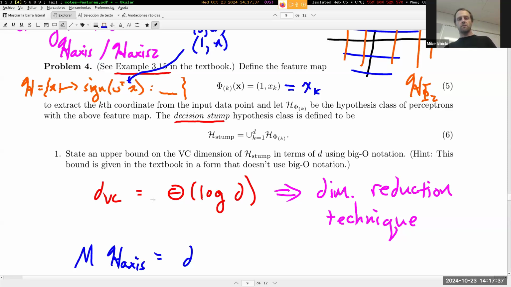The textbook, I don't remember the constants. They might just provide the upper bound of some constant like 2 log 3D, something like that. The only thing that we can know for sure from what the textbook says is that it's an O, but it is true that it's a theta.